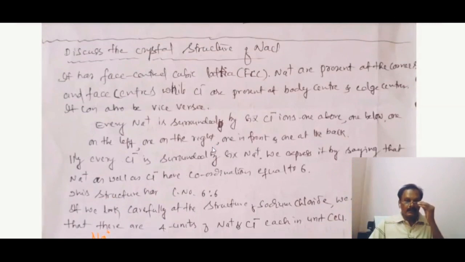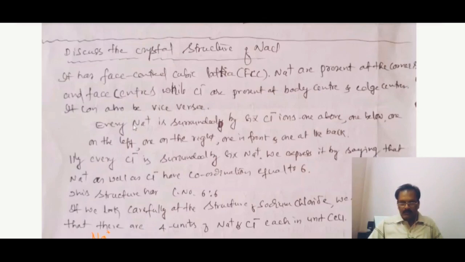When you look at this further, it has a face centered cubic lattice. Na+ is present at the corners and also face centers, while Cl- is present at the body center and also edge centers. It can also be vice versa.